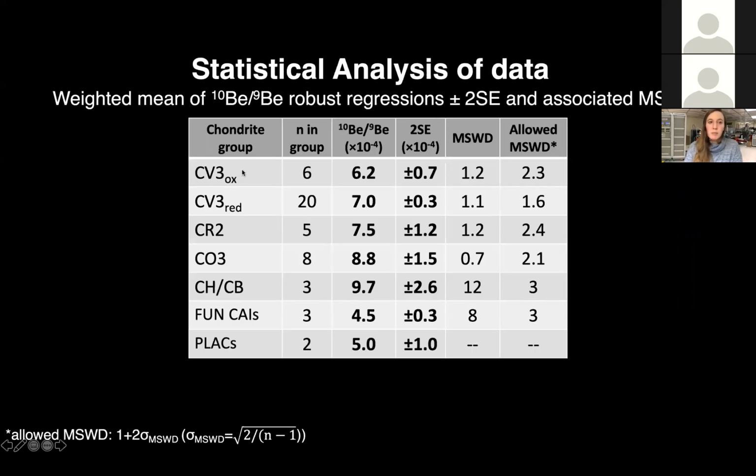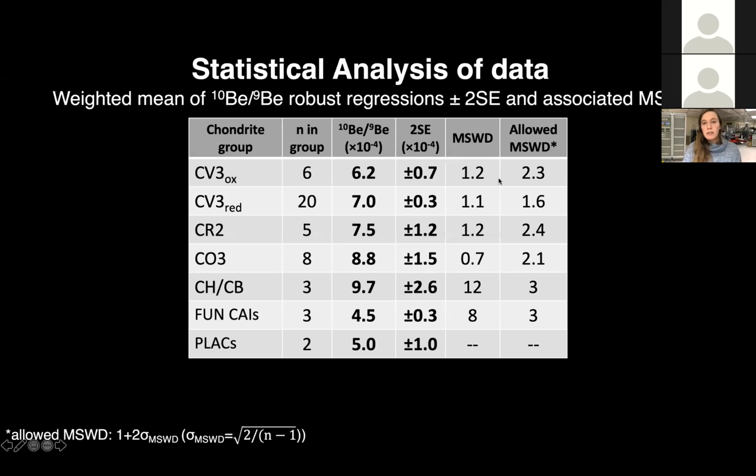As an example of this, I'll just go through the CV3 oxidized group. I measured 6 CAIs in the CV3 oxidized group, and I calculated that together they have a weighted mean 10/9 beryllium ratio of 6.2 with a standard error of 0.7. Considering this together, they have an MSWD of 1.2, where the allowed MSWD is 2.3.